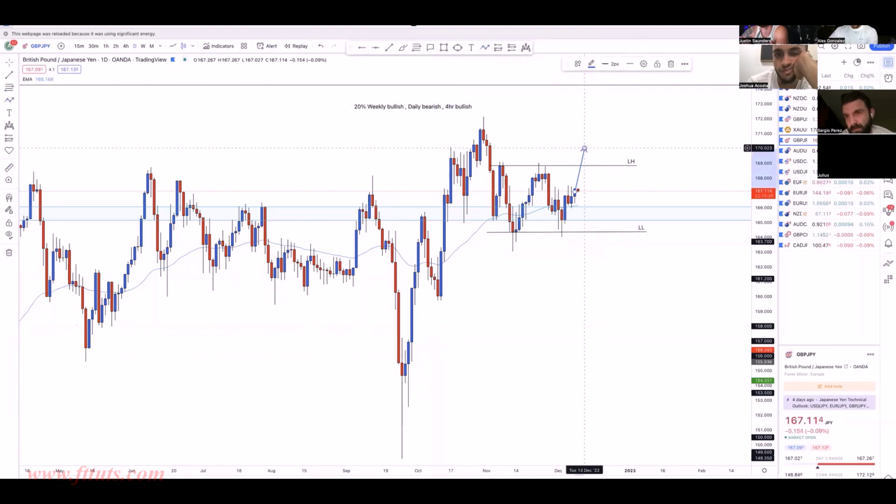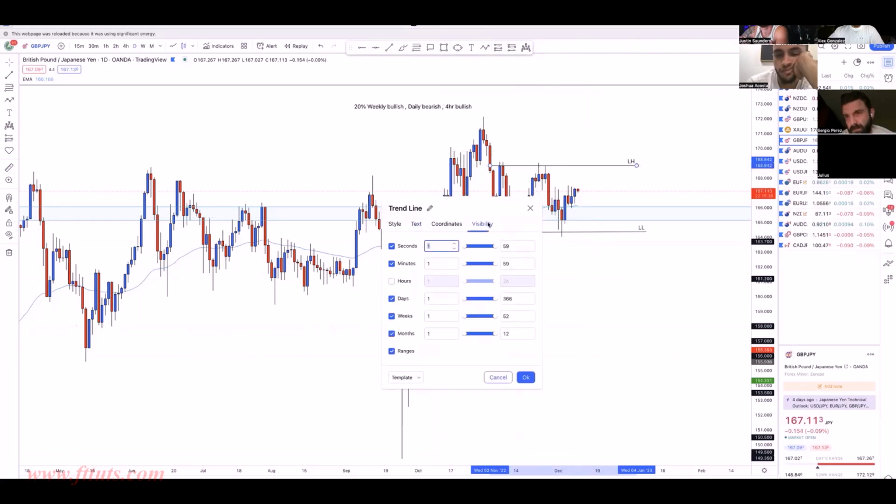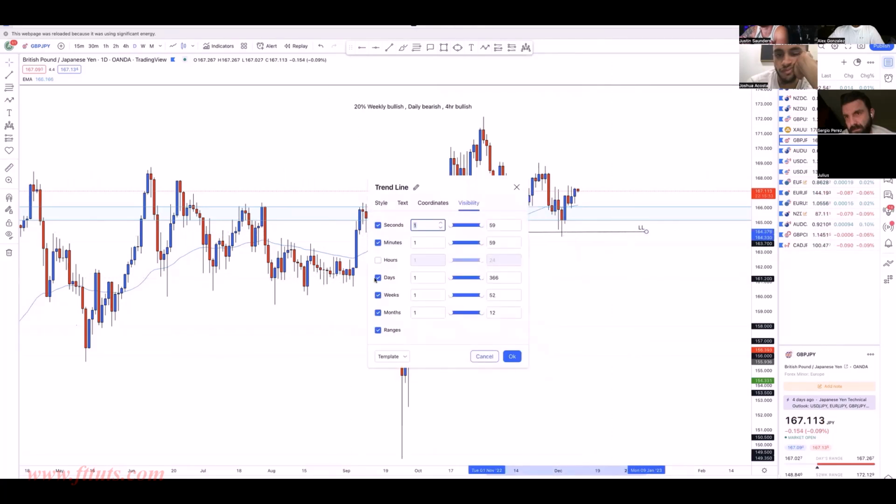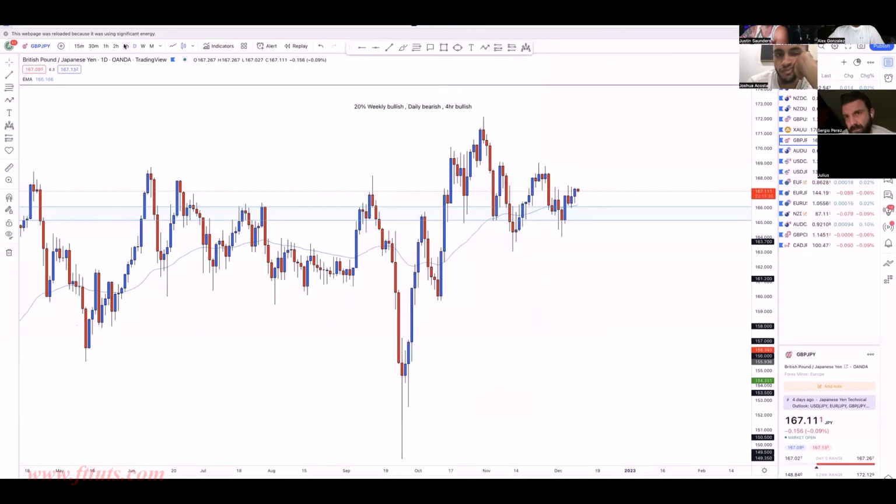So what we'll do is put this back to visible on daily only. We won't make it visible on the hourly, so we don't get confused. Now we go down to the 4-hour because we have to look for an area of interest on the 4-hour to take the buy.